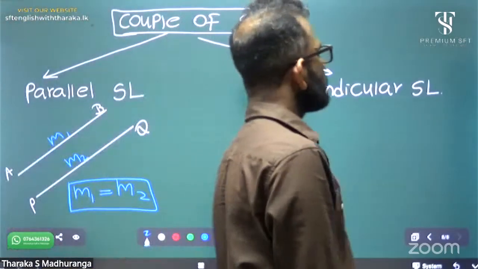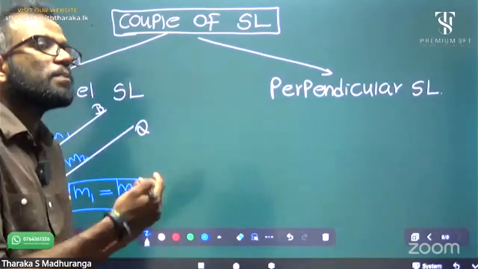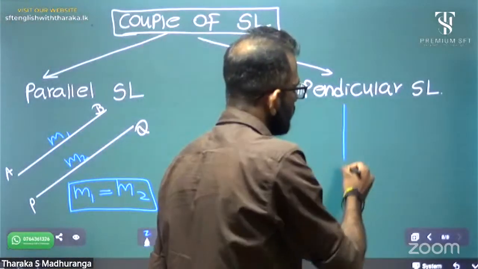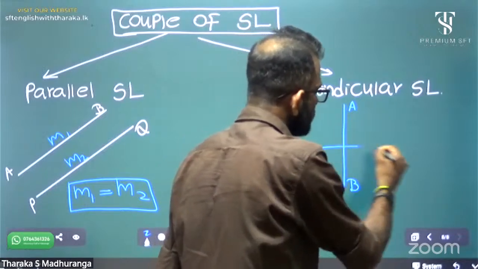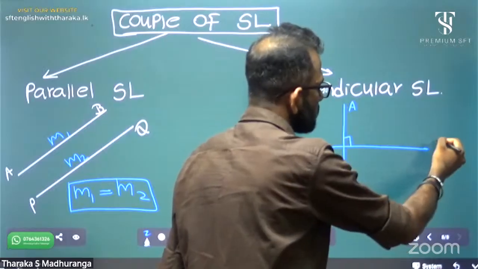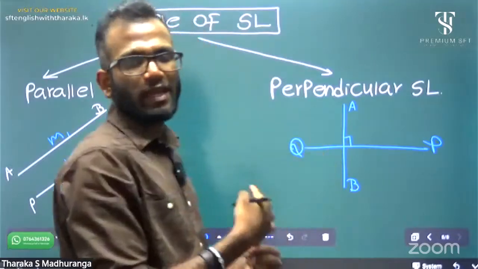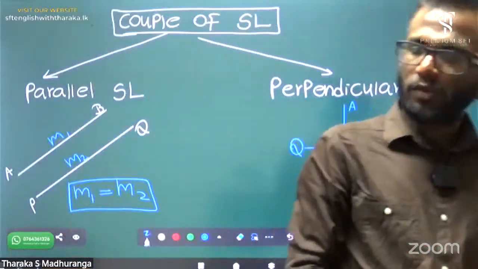Okay, perpendicular straight lines. Okay, what's the relationship between perpendicular straight lines? Perpendicular means think AB makes a 90-degree angle, a right angle, with the PQ straight line. Okay, that's called two straight lines being perpendicular to each other.